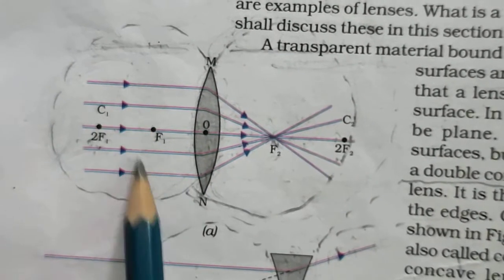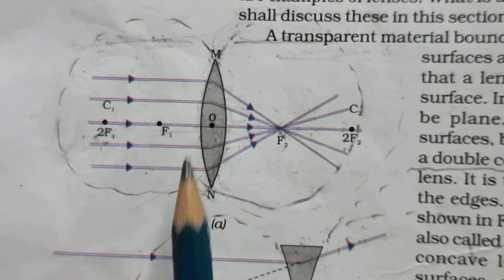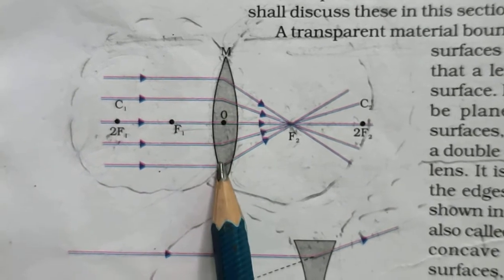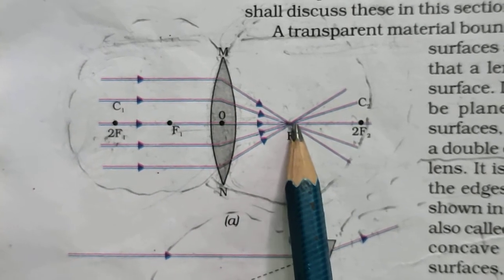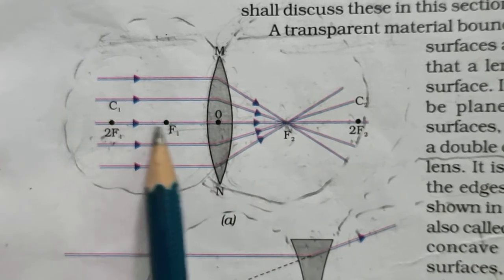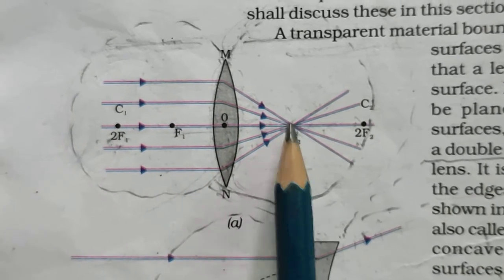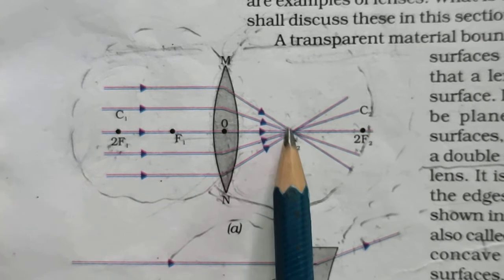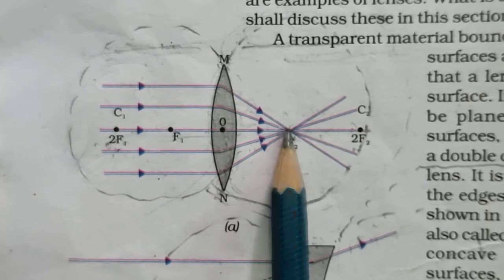Again, see, these are parallel light rays which are incident on a convex lens. After refraction, they will intersect at a point on the principal axis. This is the principal axis. That is why this point is called the focus point of the convex lens.